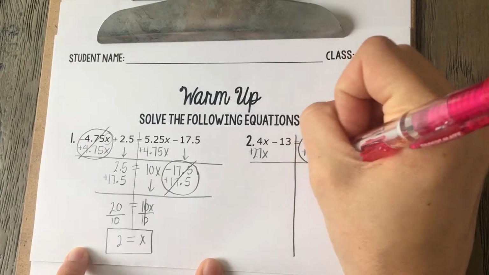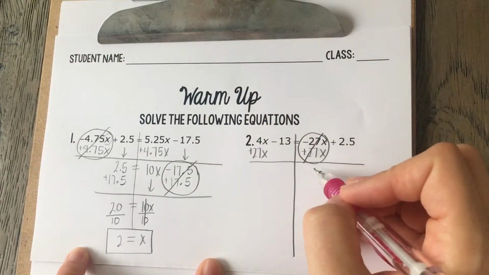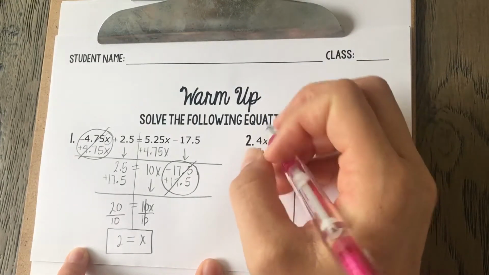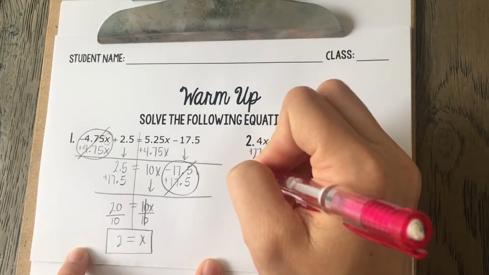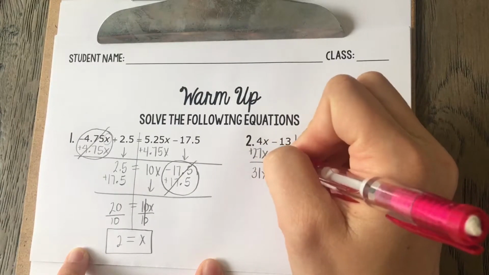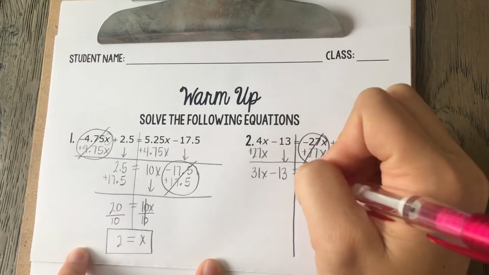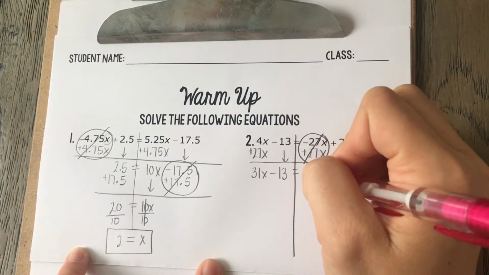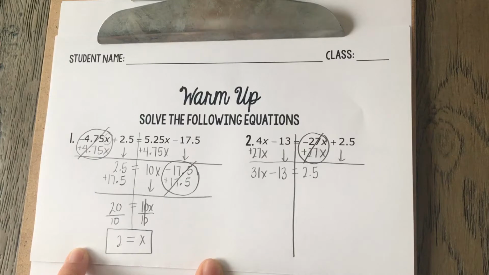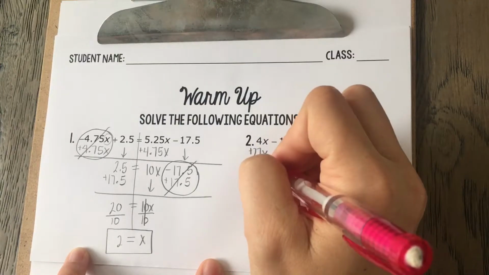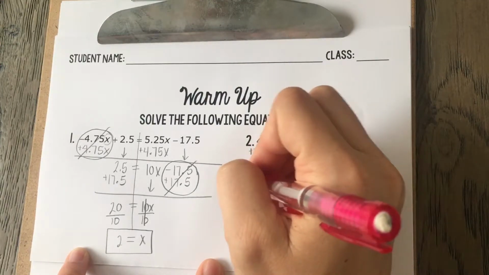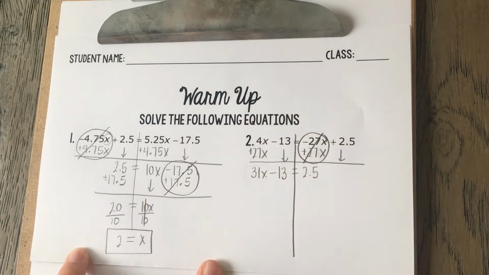That created a zero pair. And then 27 plus 4x is 31x. I didn't do anything to this negative 13 here, so I bring it down. And I didn't do anything to this 2.5 here either, so I bring that down as well. Now that I have all my variables over here on this left side, I need to get all my constants on the other.